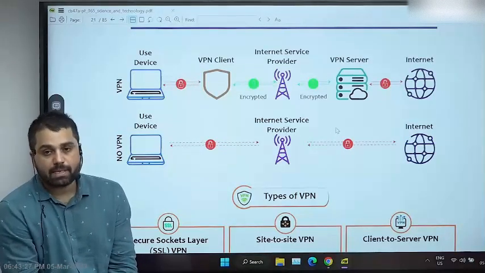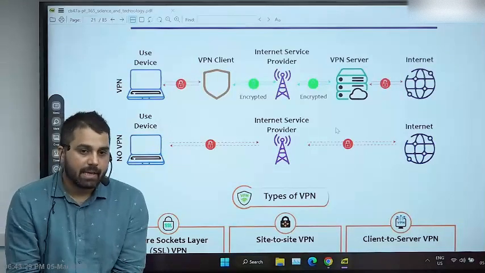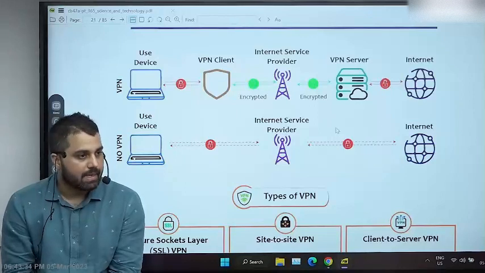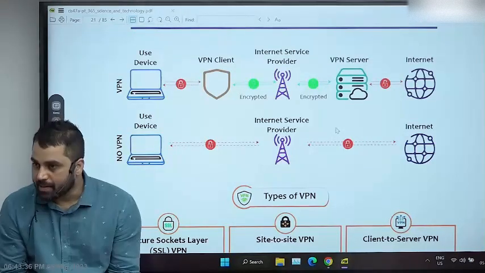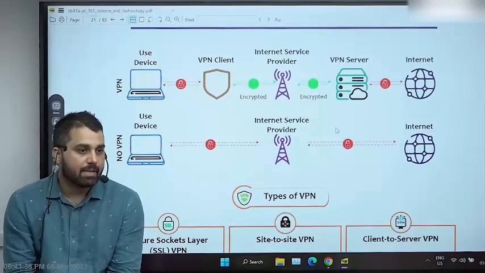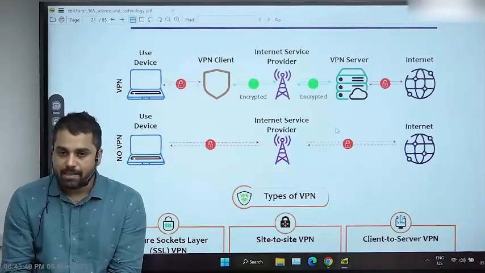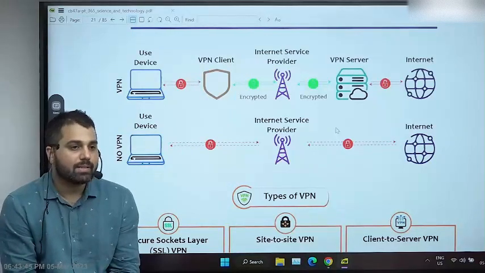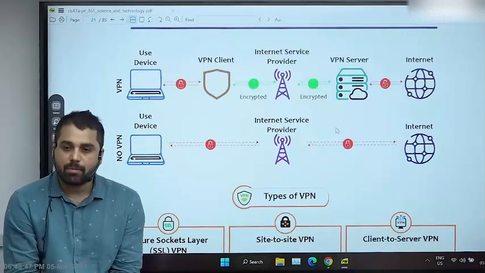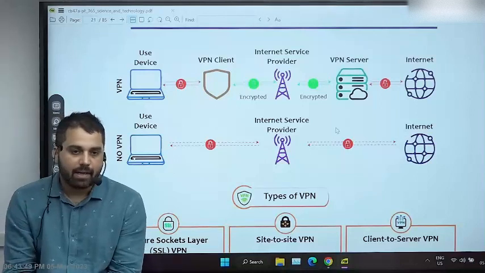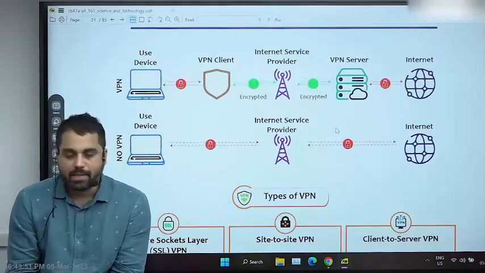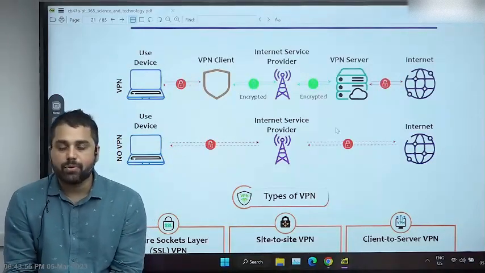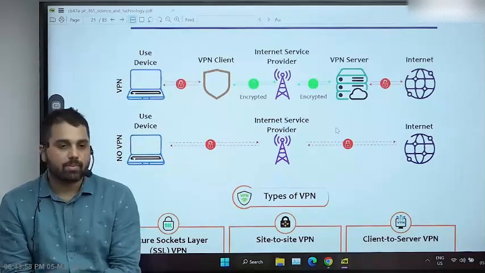But that also makes me vulnerable because if somebody is looking for me, that somebody can be a cyber criminal, that somebody can be my internet service provider, or that somebody can even be government. So in such cases, any type of tracing or any type of targeting, if I do not want that to happen, I do not want my personal data to be part of internet, I do not want anyone to know what is my location, what am I actually searching, then I use this what we call virtual private network.